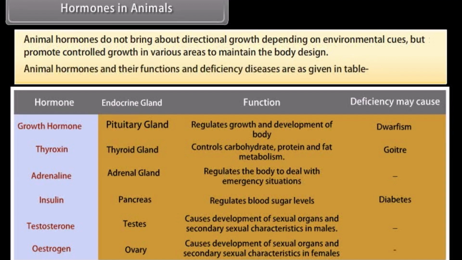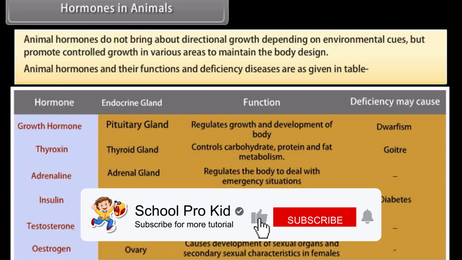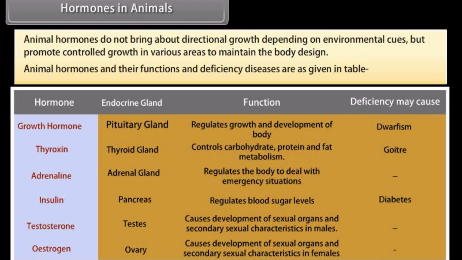Animal hormones and their functions and deficiency diseases are as given in table. Endocrine glands.